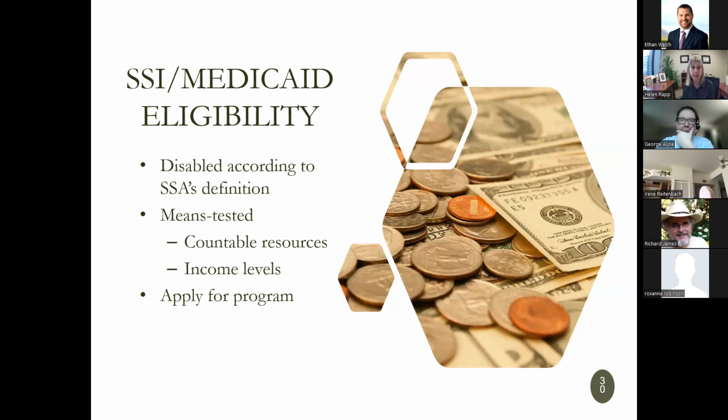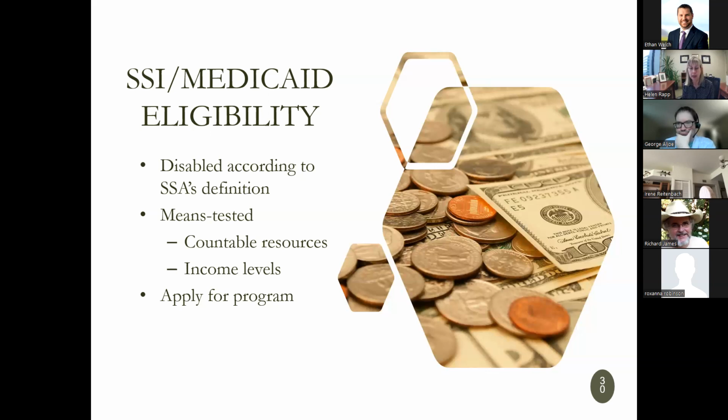Another nice thing is that since 2016 in Ohio, if you apply for and get SSI, you will automatically get Medicaid. There's no separate application that needs to happen. So that's great.